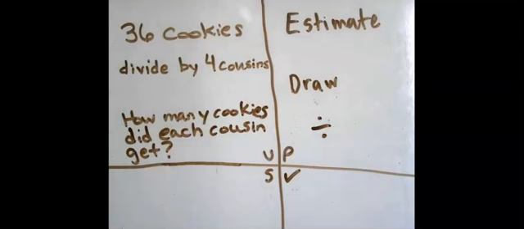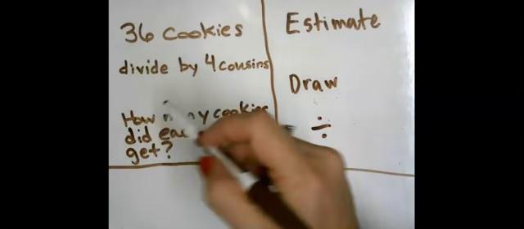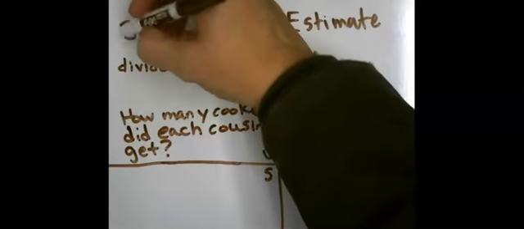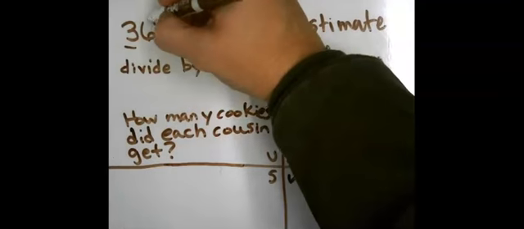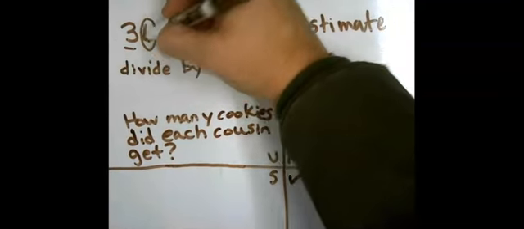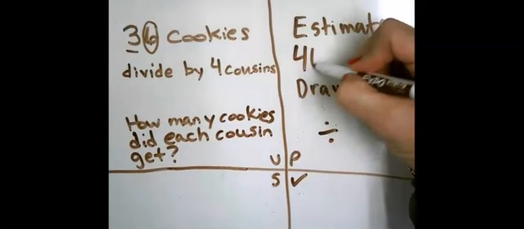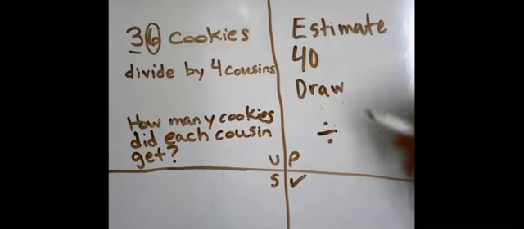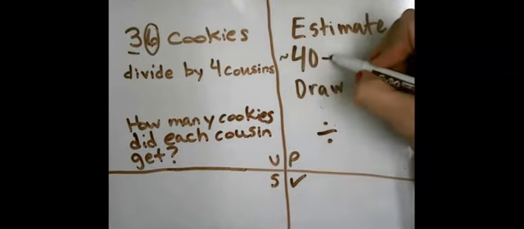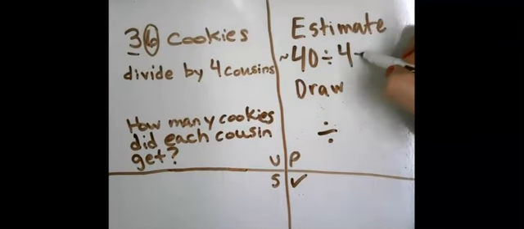Okay, so our estimate, let's go ahead and round 36 up to the tens place here. The 6 is going to round it up, right? So we're going to have 40 cookies, approximately 40 cookies. And we're dividing that by 4 cousins.